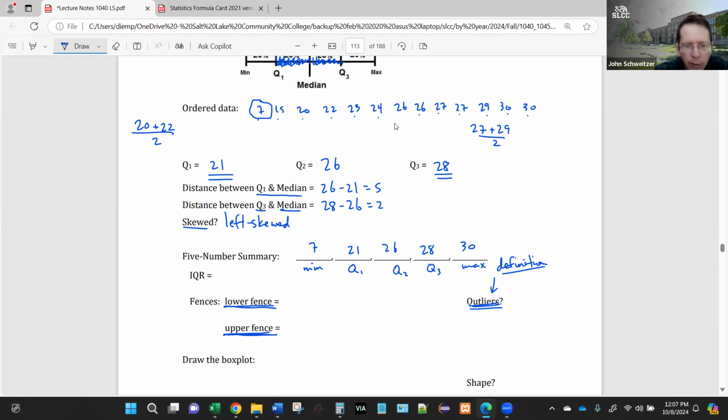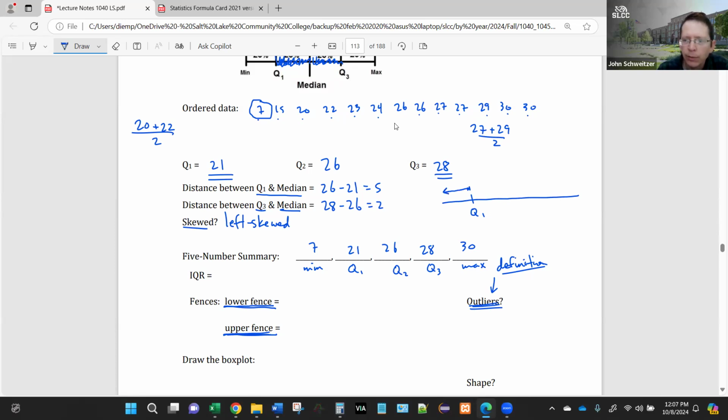Basically, we're going to look at our data set. We're going to start at Q1, and we're going to say, okay, Q1 is a small value. It's not terribly small. It's the 25th percentile. And we're going to go a further distance down from Q1.